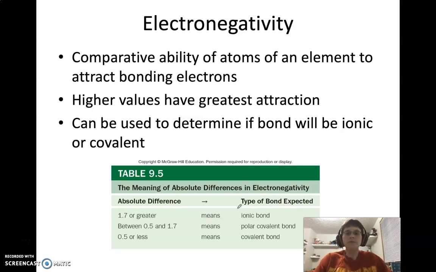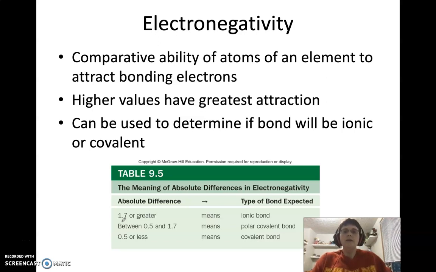I've got a table on the next page. So 1.7 or greater gets you an ionic bond. Between 0.5 and 1.7, that's going to get you a polar covalent. And anything less than 0.5 is going to get you just a regular covalent bond that is nonpolar.